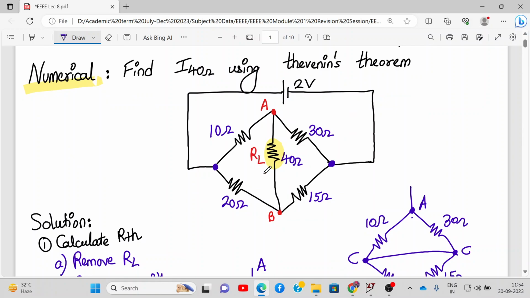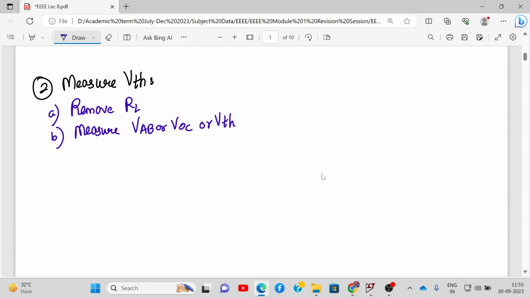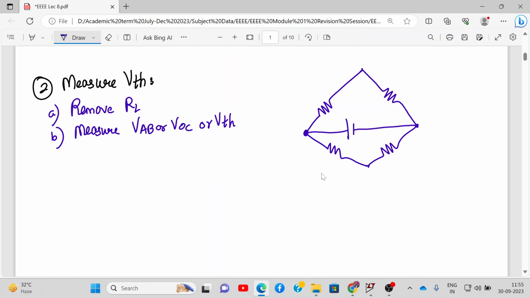So if we don't connect the load RL, then this 2 volt I can show between these 2 points directly. So let me draw the circuit again over here. So here we have 2 resistors, another 2 resistors over here. Instead of showing the 2 volt supply from outside, we can show it from inside like this.